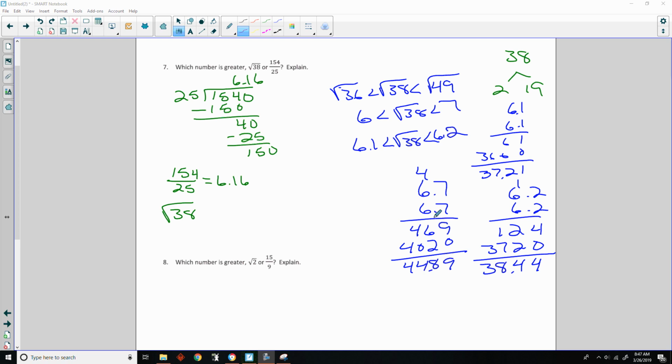So I want to go the other way. So I'll try 6.6. 43.56 is still more than 38.